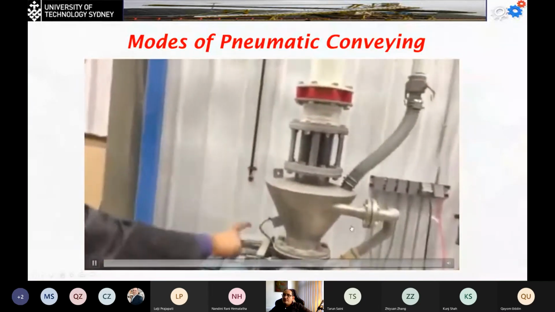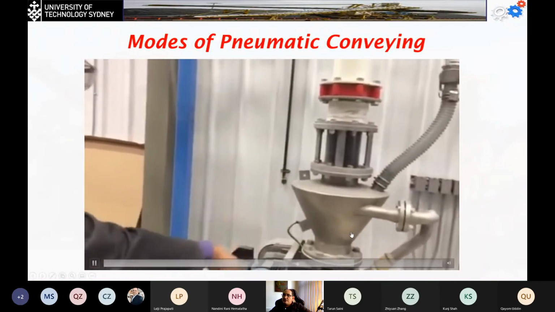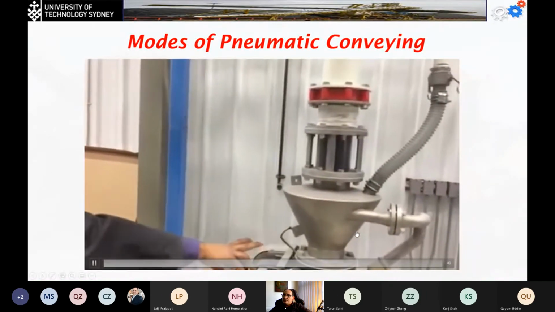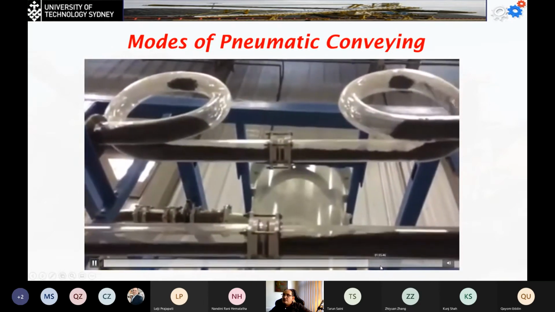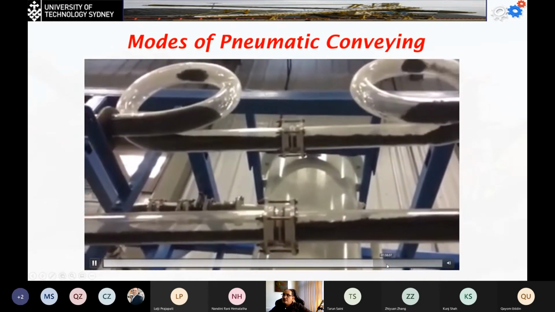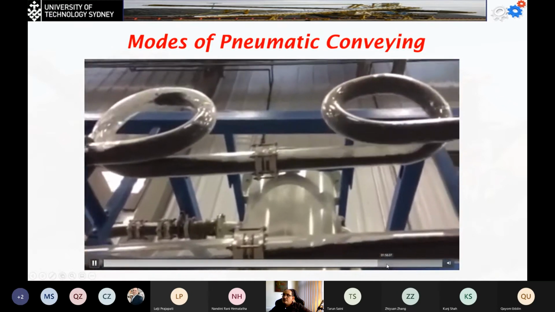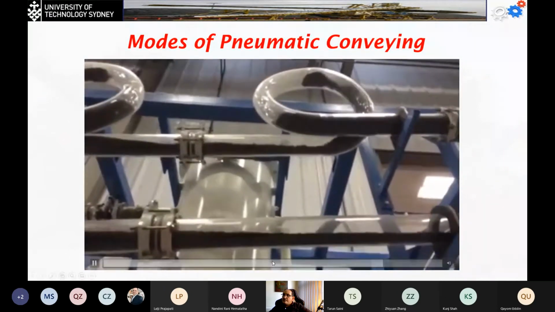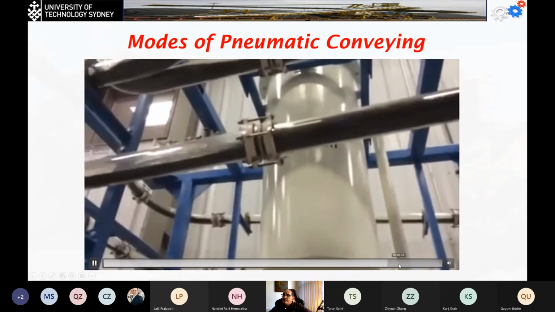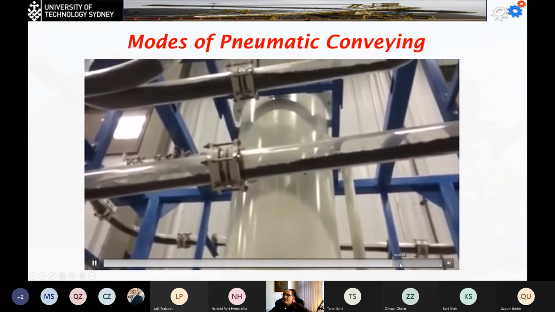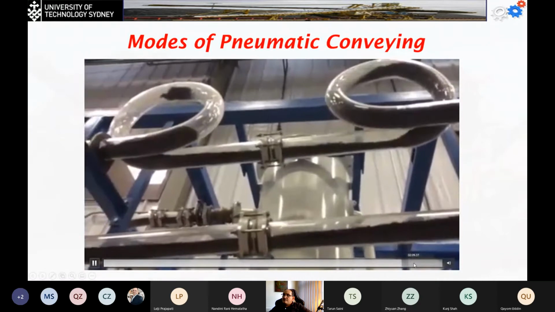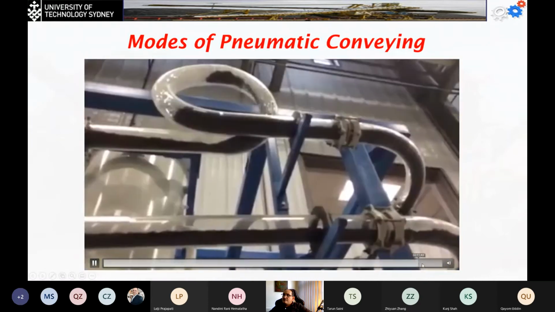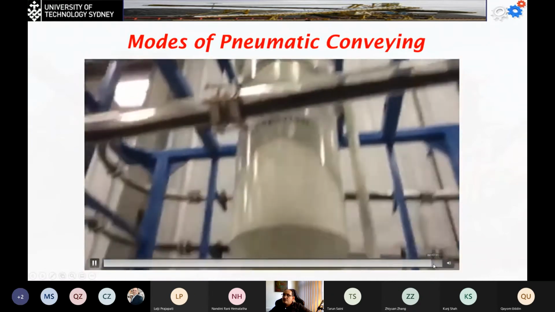That's a rotary valve application. I'm looking for a denser phase than this one.